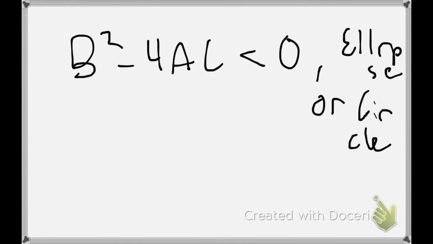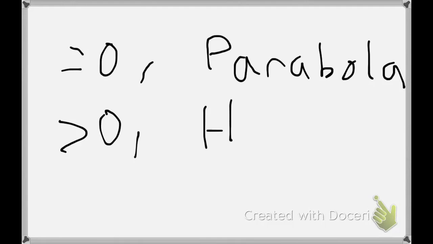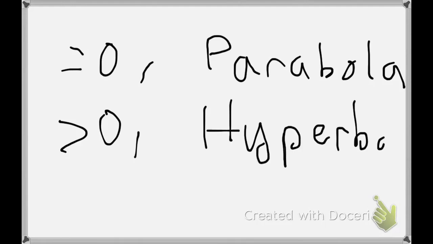If it is equal to 0, then we know it is a parabola. If it is greater than 0, we know it is a hyperbola. Jerry discussed both hyperbola and parabola, so you should already know those.